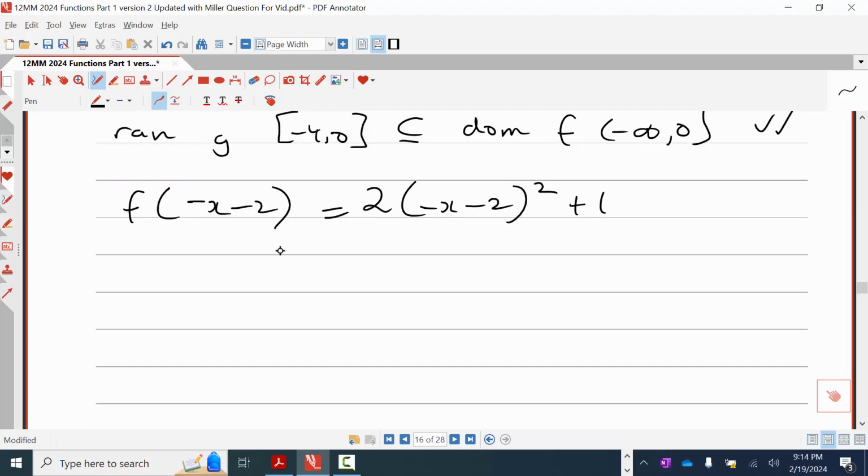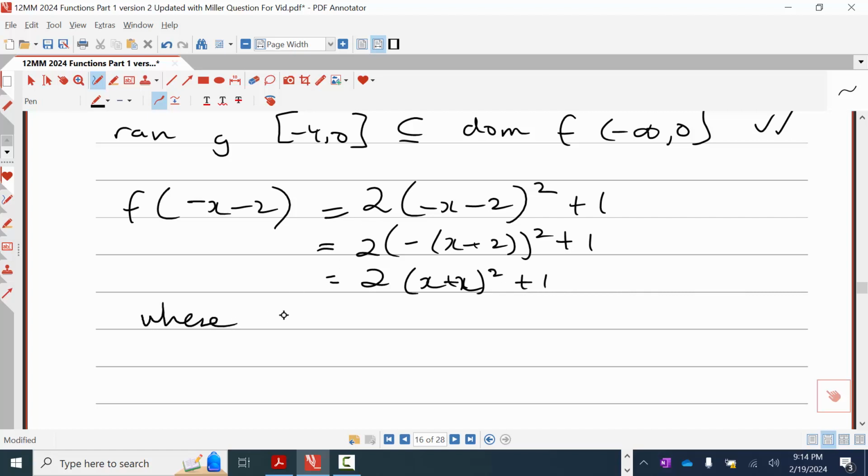Okay, let's just clean that up. So 2, let's go brackets, negative comes out, x plus 2, squared plus 1. Square that and square that, so the negative just basically cancels out because negative 1 squared is 1. So we've got 2 times x plus 2, all squared, plus 1.